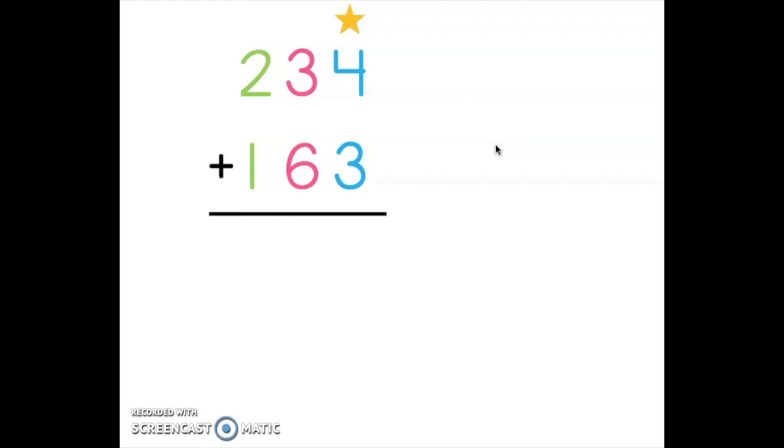So let's start with the ones. 4 plus 3 equals 7. Then let's look at the tens. 3 plus 6 equals 9. Now let's look at the hundreds place. 2 plus 1 equals 3.